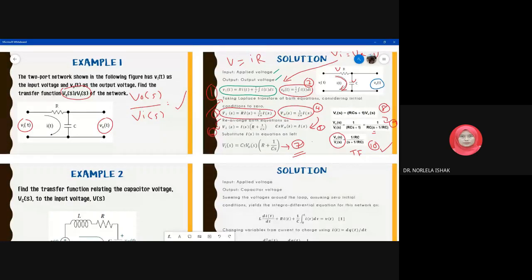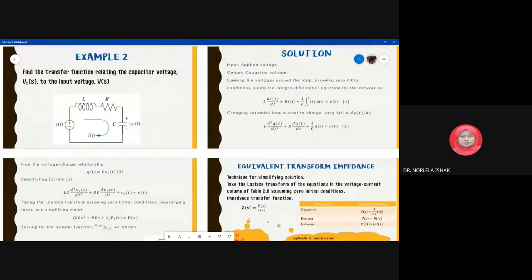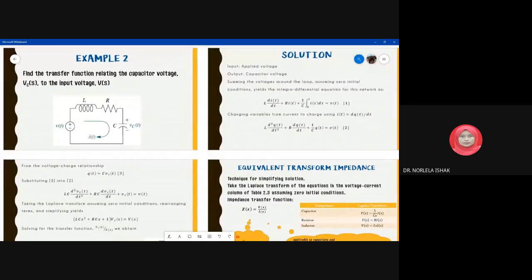Second example. This is the second example, meaning this is an RLC circuit. Before this was an RC circuit; from here it is an RLC circuit. So you have to find the transfer function relating the capacitor voltage, VC, to the input voltage.